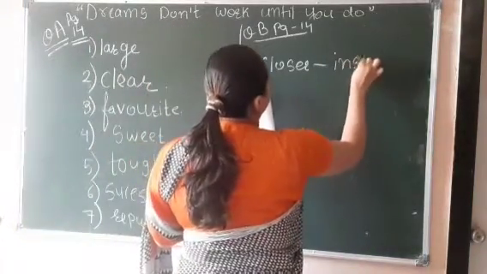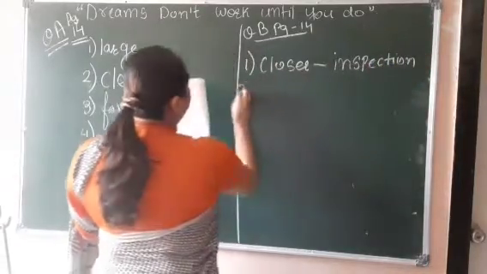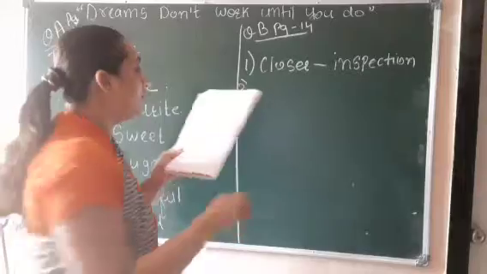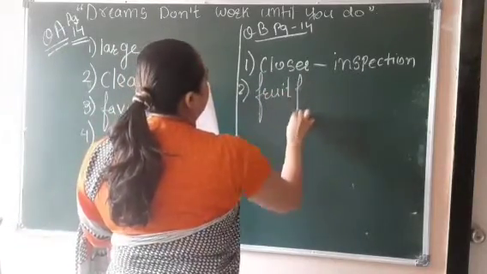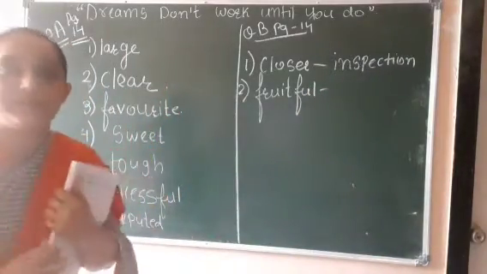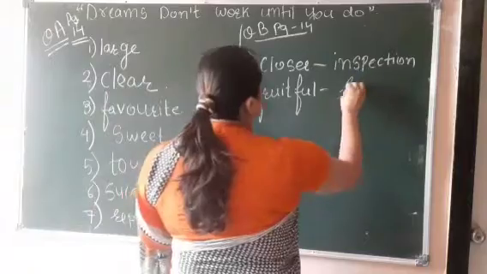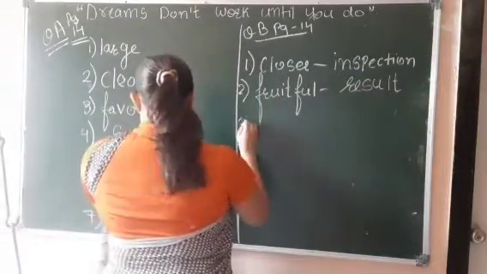So closer, inspection. Now next, fruitful. Now students, for fruitful, we can write fruitful result. Yes, we can write. So fruitful result.